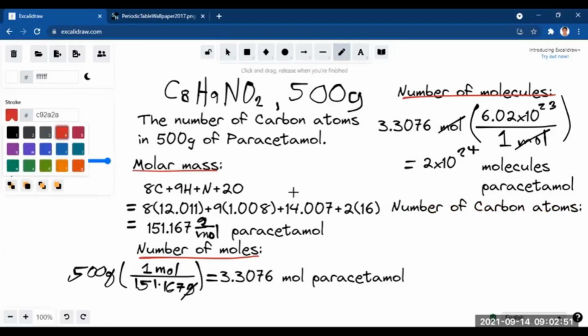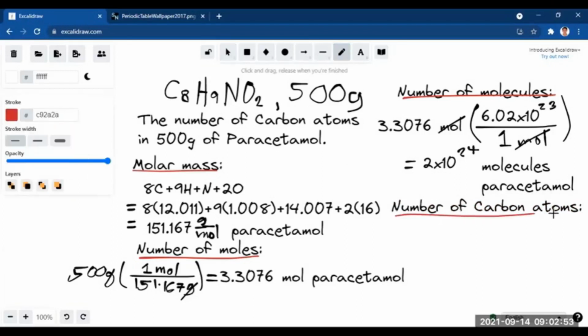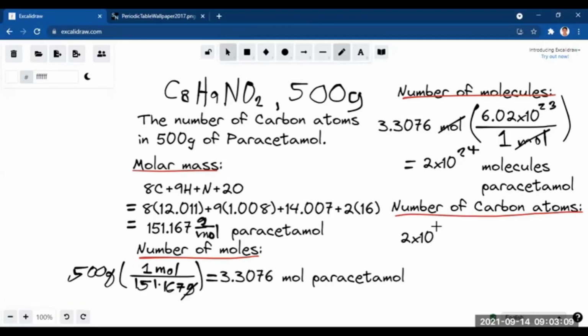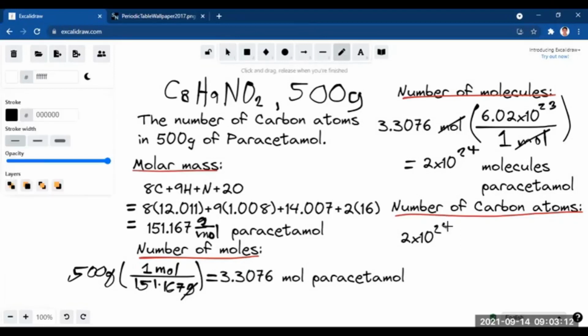We'll be using the number of molecules that we have solved earlier. So we have 2 times 10 raised to 24 molecules of paracetamol times 1 molecule of paracetamol.